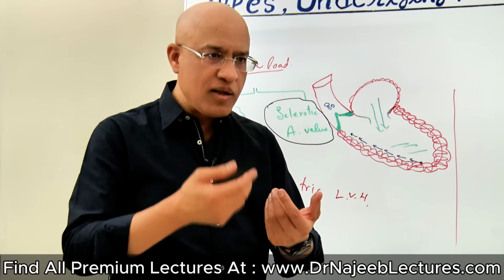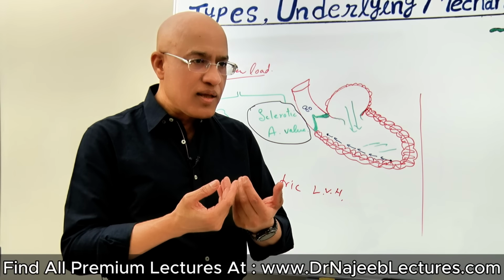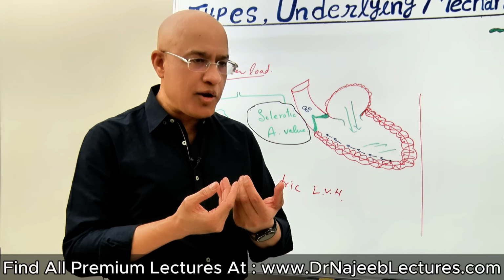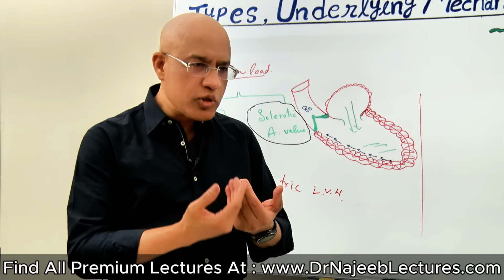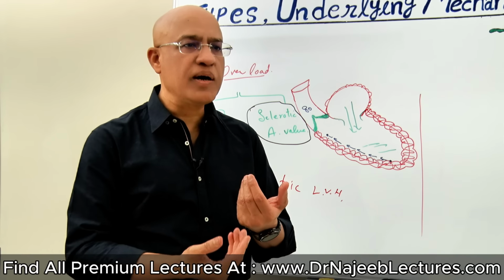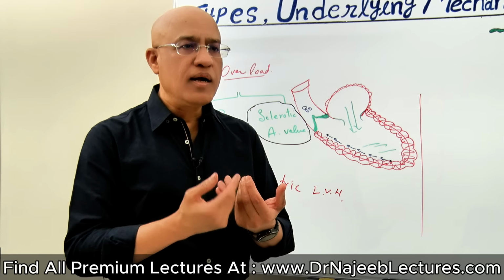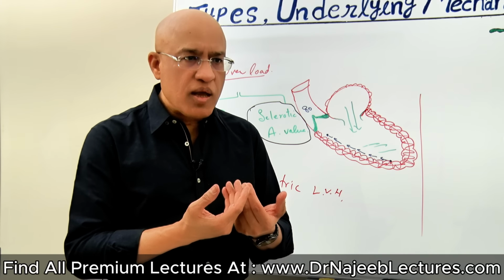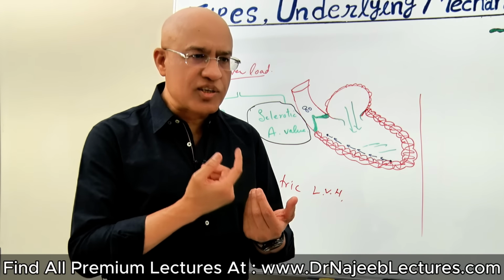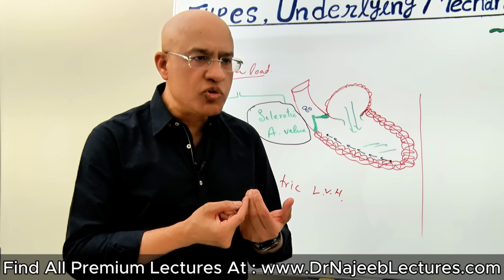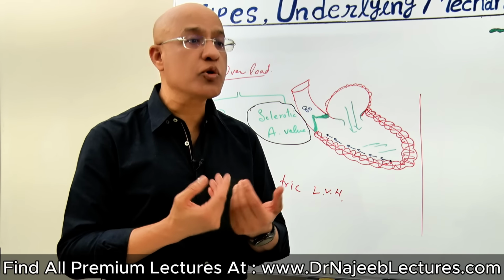It is throwing the blood, but because of its bicuspid anomaly, the blood going through this valve passes through abnormal traction, and that produces damage to the aortic valve chronically.